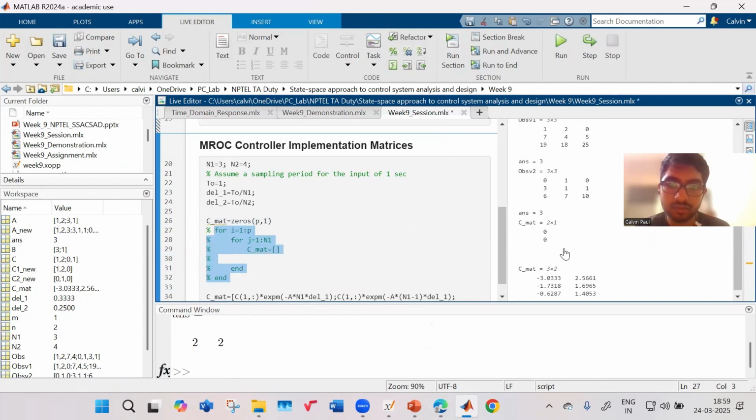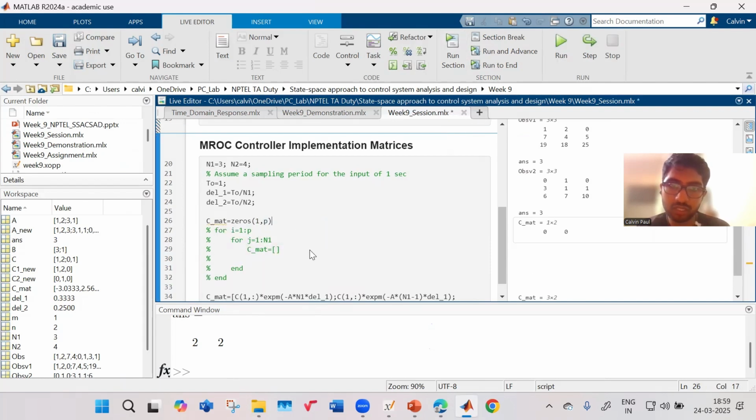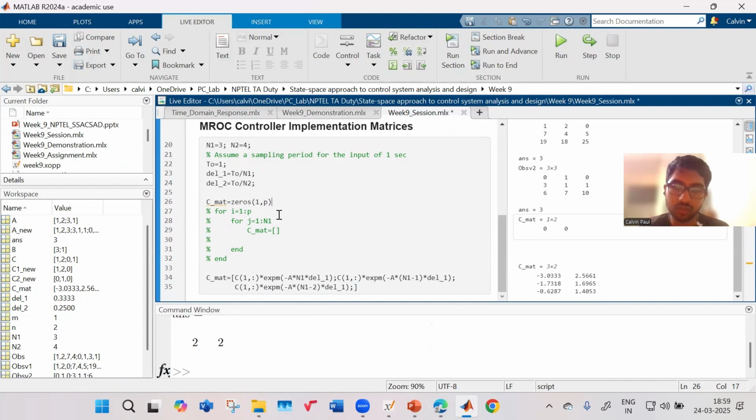Instead of one row, it was P outputs, right? So it is 1 comma P. So this is 0. Now, what do we do to it?